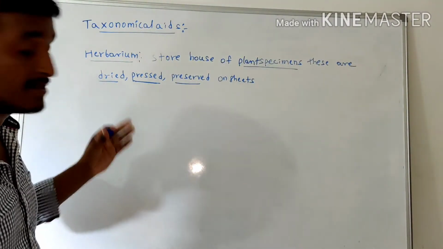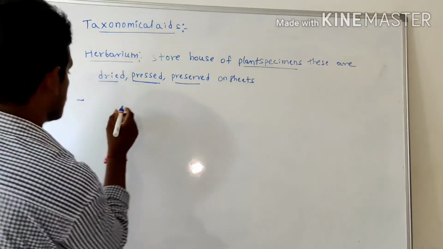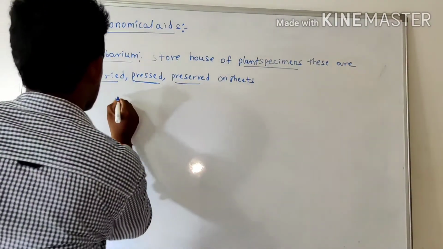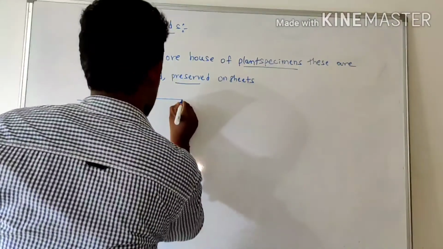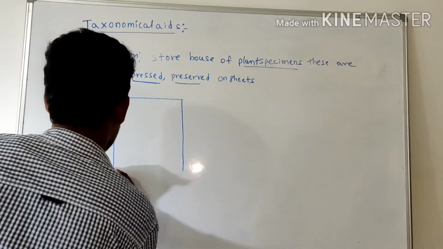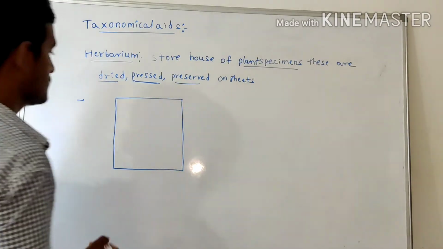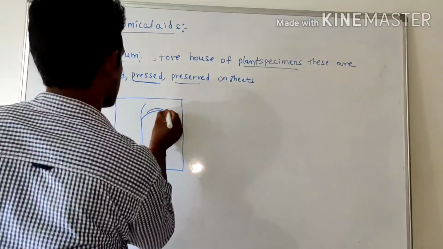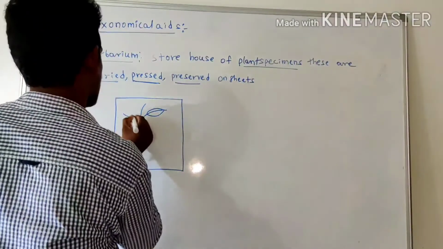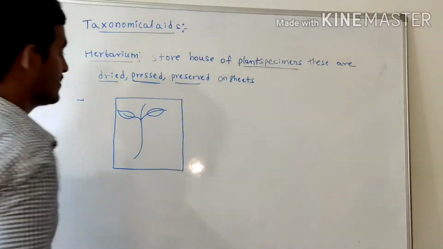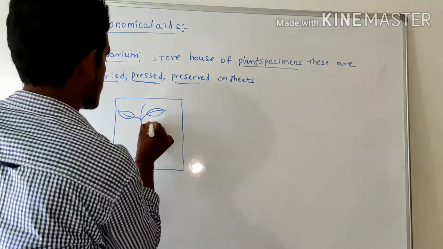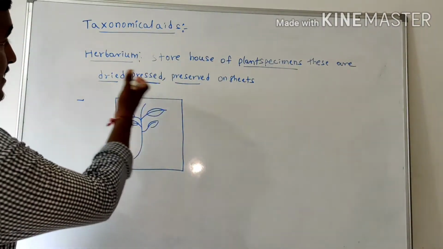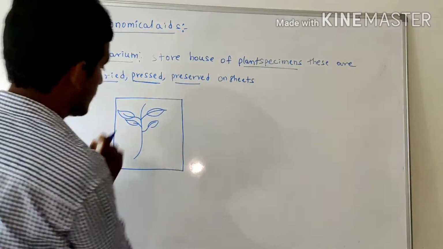How does it look? It is a plant part. We are taking a plant part, drying it, pressing it, and preserving it on this sheet.